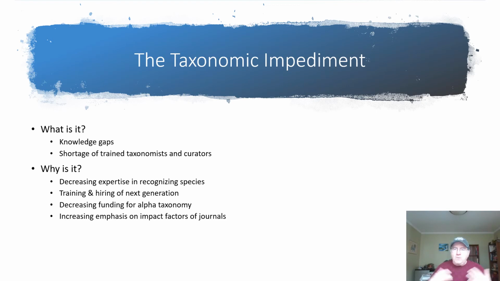As I began this whole video, I talked about the importance of identification. And how we get to that identification is we need the expertise of taxonomists, maybe not to identify for us, but to be out there discovering and conveying to us how to identify things. The taxonomic impediment itself is represented by the knowledge gaps that we have.